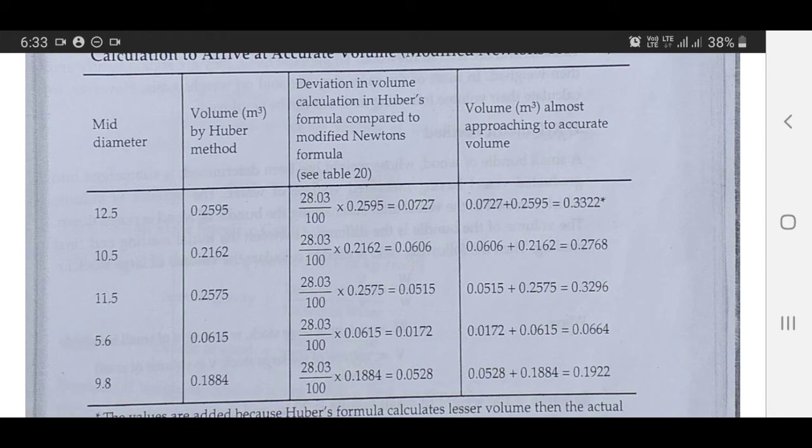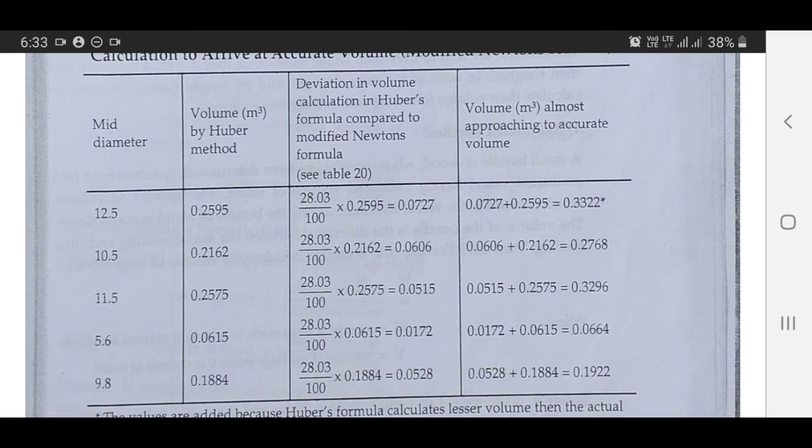Deviation in volume calculation in Huber's formula compared to modified Newton's formula, see table 20. 28.03 upon 100 into 0.2595, it comes to 0.727. This is the deviation. So, you should add this deviation with the volume calculated by the Huber's formula. Then you come close to the accurate volume.